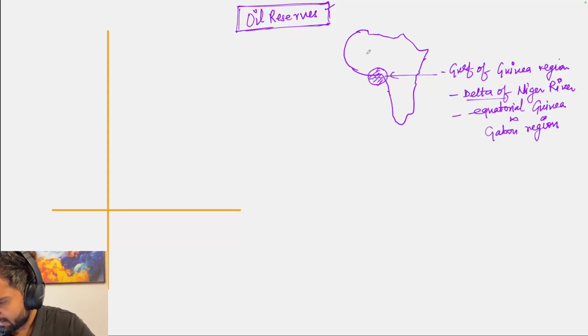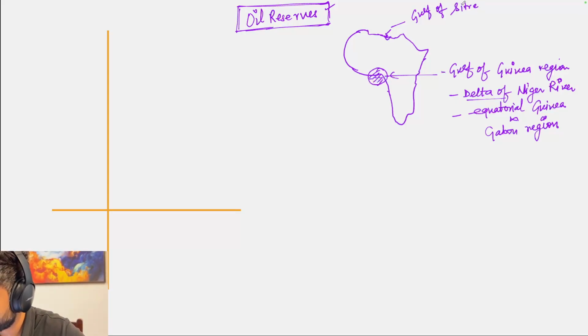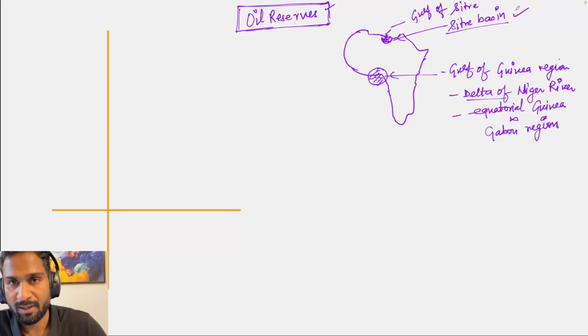Then in the northern part, if you move over here, you'll find a gulf called Gulf of Citre, and this is called Citre Basin. So Citre Basin is again rich in oil reserves.